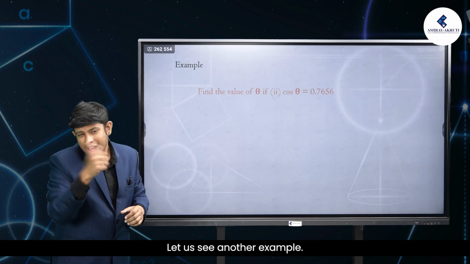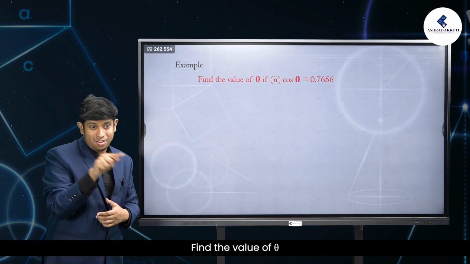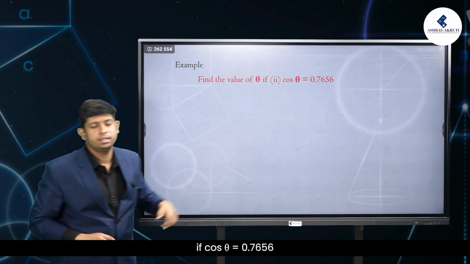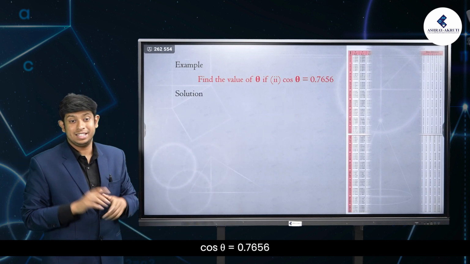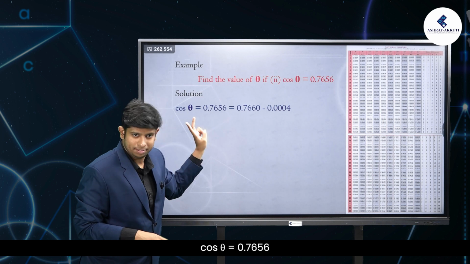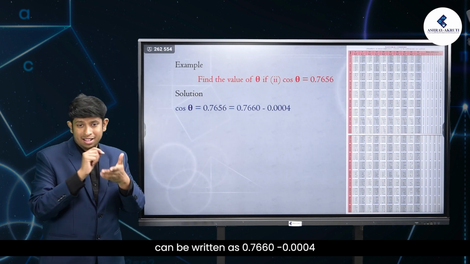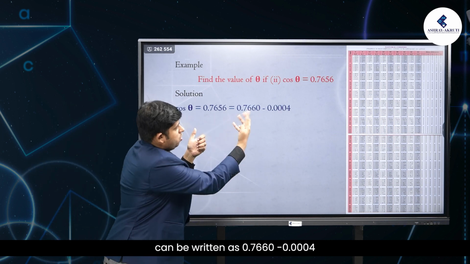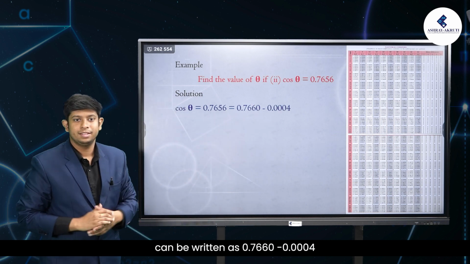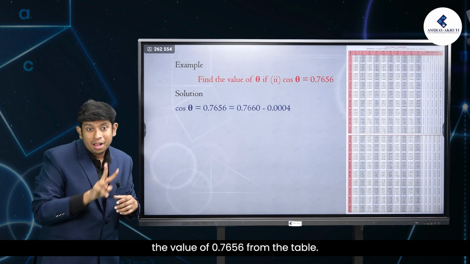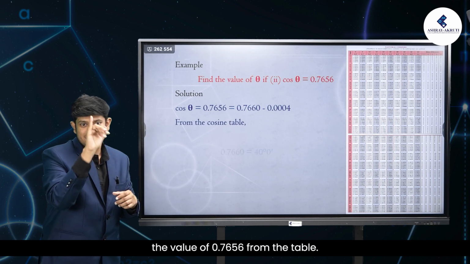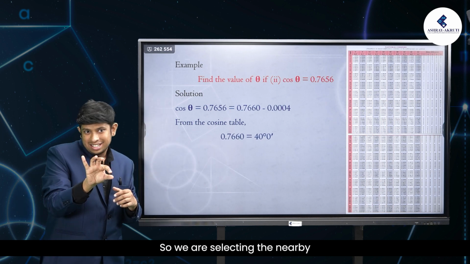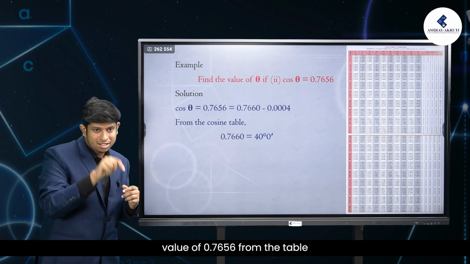Let us see another example. Find the value of theta if cos theta is equal to 0.7656. Solution: cos theta is equal to 0.7656 can be written as 0.7660 minus 0.0004, because we cannot find the value of 0.7656 from the table. So, we are selecting the nearby value of 0.7656 from the table.